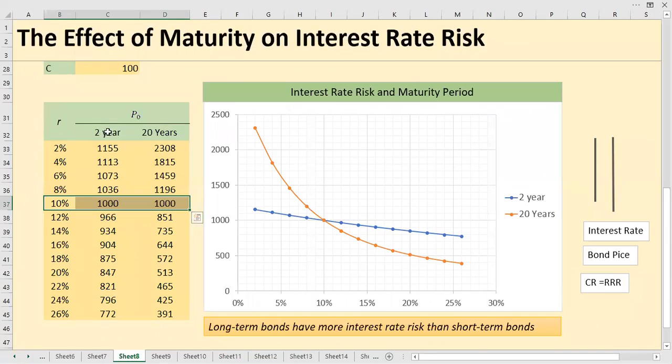Even though maturity is 2 years, even though maturity is 20 years, that is equal to 1,000. So that point is represented here in this graph, right? In this place.